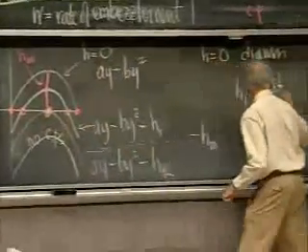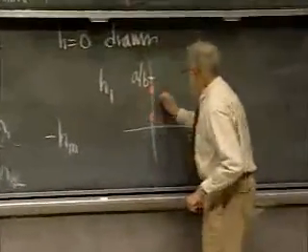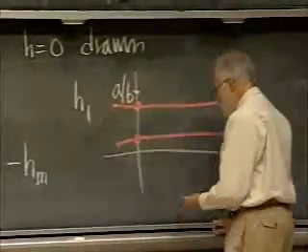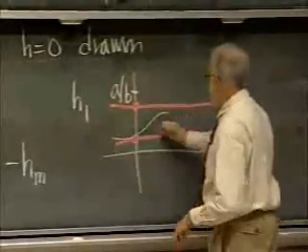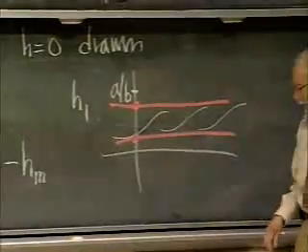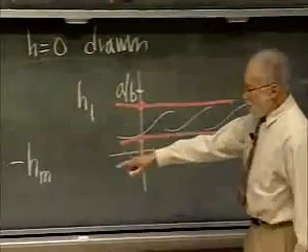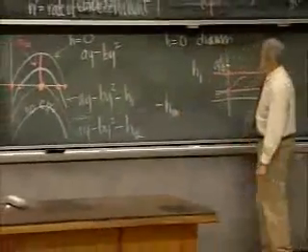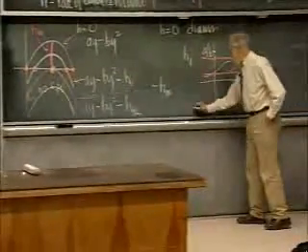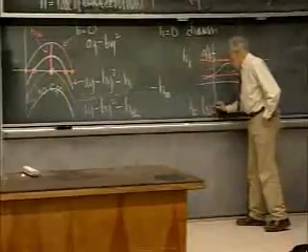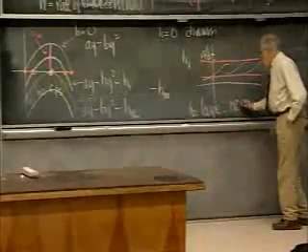They've moved in a little bit. So they are here and here. Otherwise, the solutions look just like they did before, and the analysis is the same. Similarly, if h2 is very large, there are no critical points.